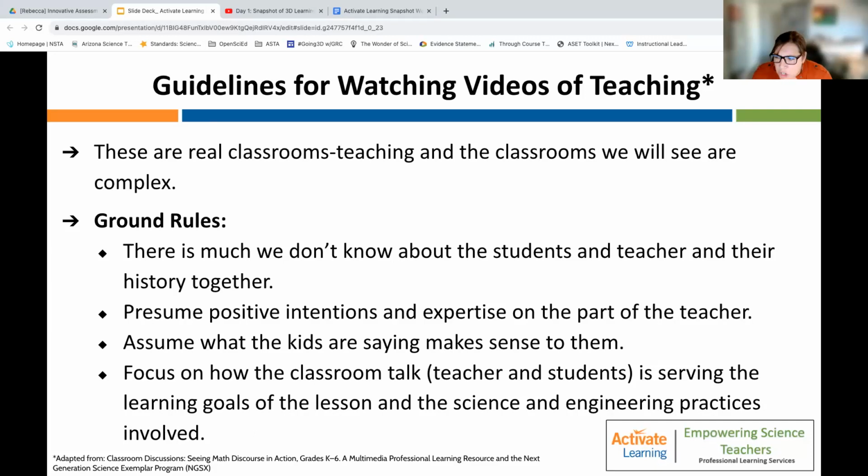We're going to assume good intent and expertise on the part of the teacher. We're also going to assume what the kids are saying makes sense to them. And finally, we're going to really try to focus on what the teachers and students are doing in serving the learning goals of the lesson and the key instructional elements. So let's just be good stewards of watching videos and not too critical.